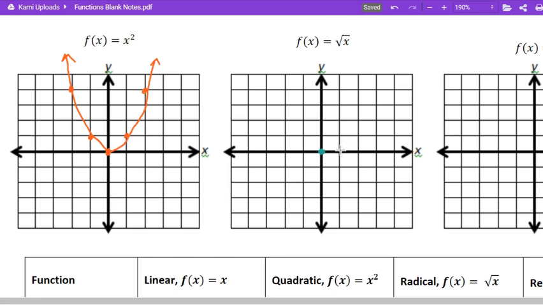Well, a radical function also follows a step pattern, but it's the opposite. Instead of going one across and then changing how much you go up, you go one up and change how many points you go across. So we go one up, one across, one up, 3 across, one up, 5 across. So we're using the step pattern, but sideways.